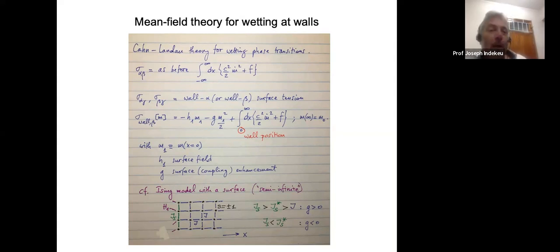Okay, and we call this local order parameter, which can take some value depending on some criteria, M1. So M1 is actually the value of M at x equals 0, where we put the wall. So this is our definition. Okay, so M1 is M at x equals 0. And that's where our wall is.